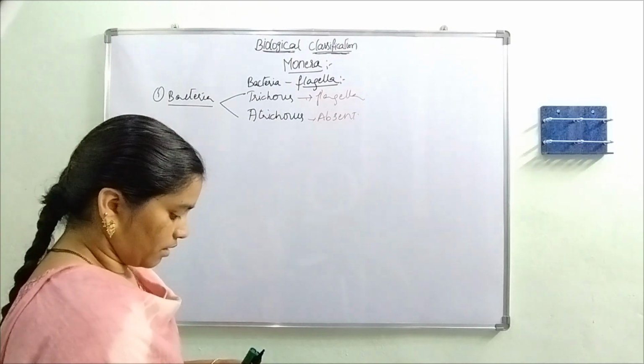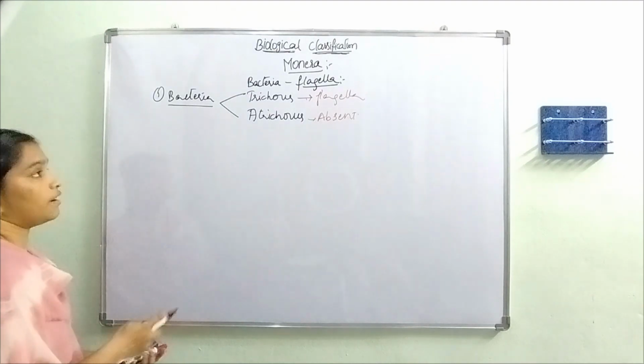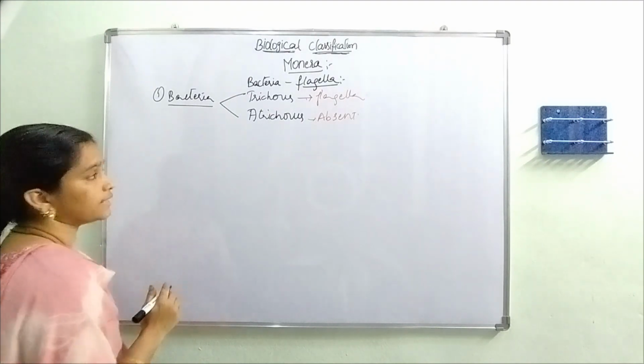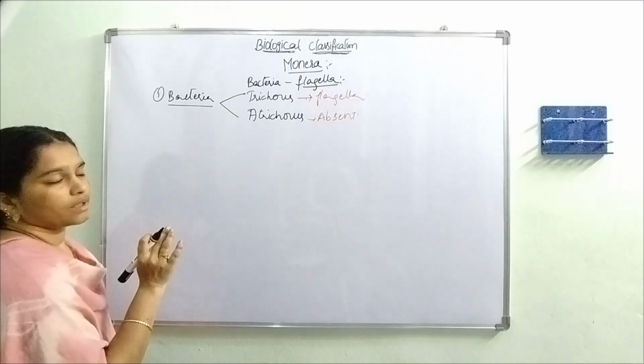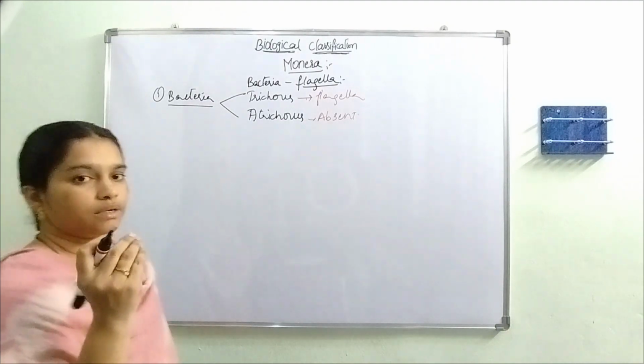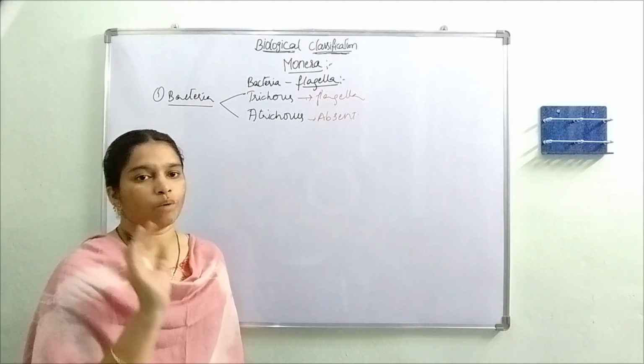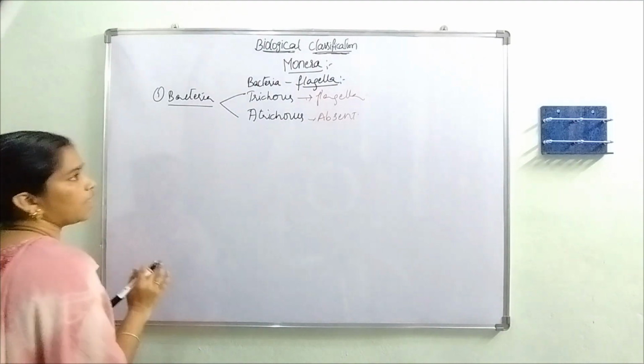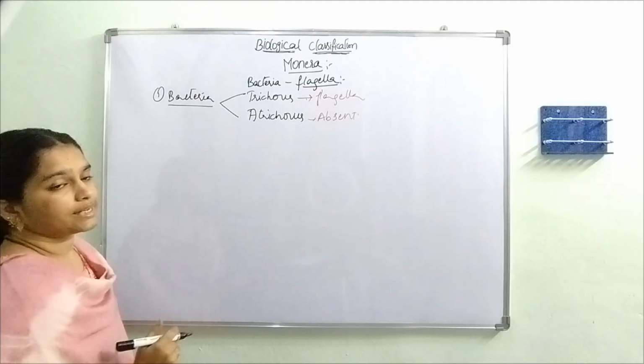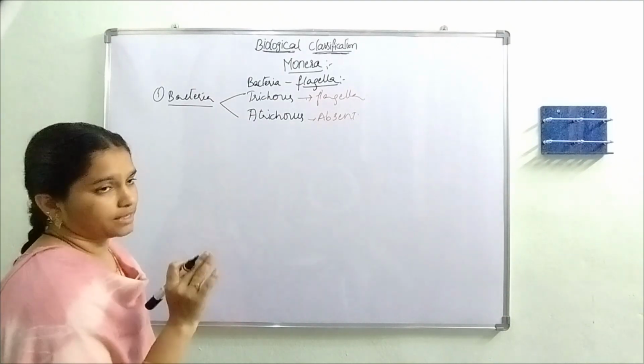Now, how many flagella are present in a bacterium? Actually, we know one flagellum per bacterium. But how many flagella are present in a bacterium and where are they arranged?